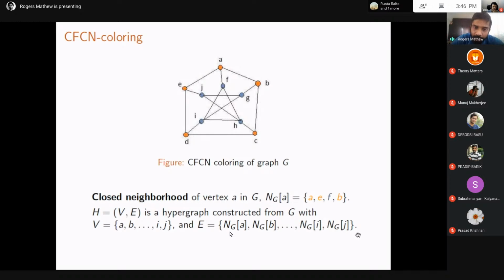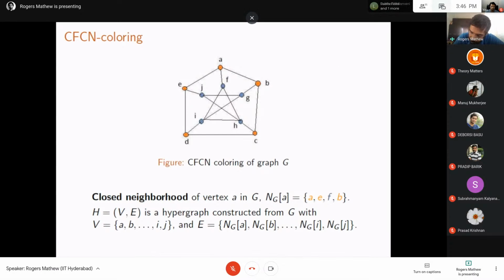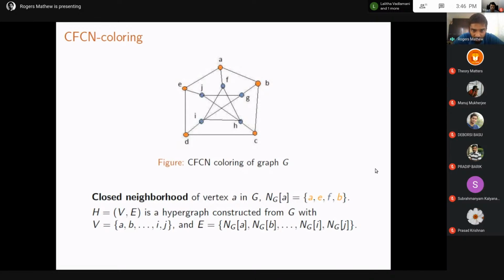Then you can ask the same question: what about a conflict-free coloring of this hypergraph that we constructed from the closed neighborhoods of each vertex of a given graph? This is what we call CFCN coloring, or conflict-free closed neighborhood coloring of a graph.